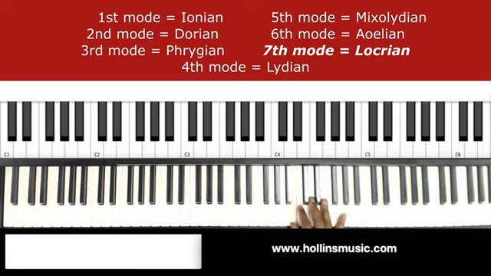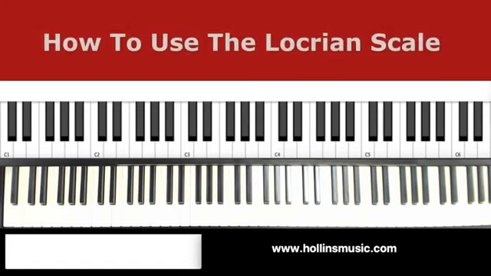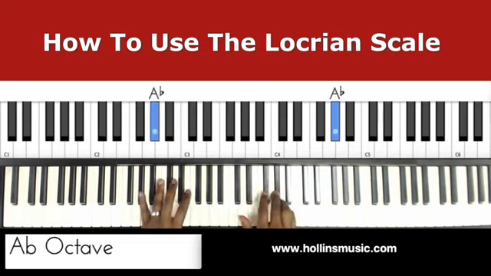So this is the scale that I'm going to focus on, the 7th mode of the major scale that I just played. Now, I'm going to demonstrate what you can do with the Locrian scale, and then break down how I came up with it. Okay.